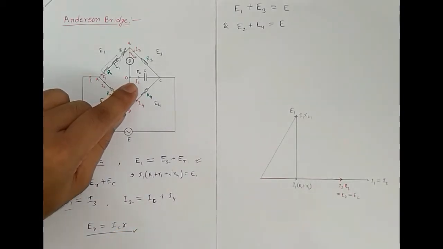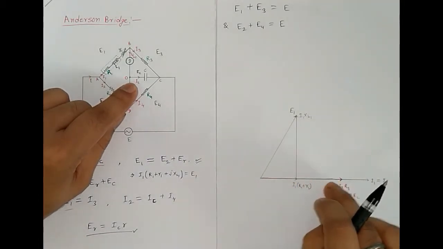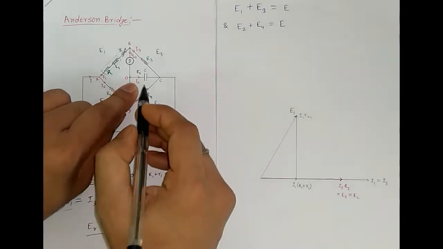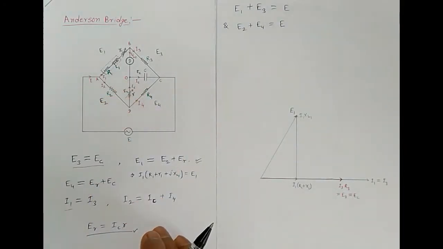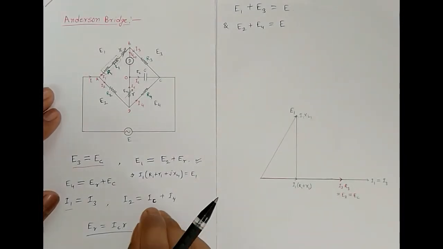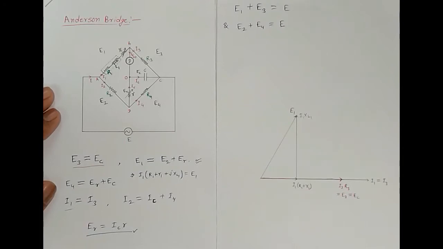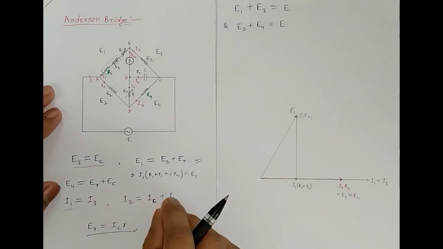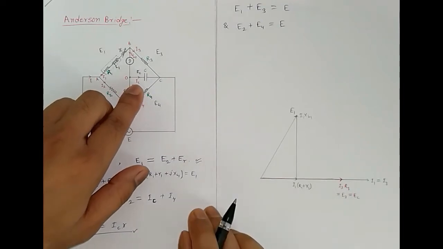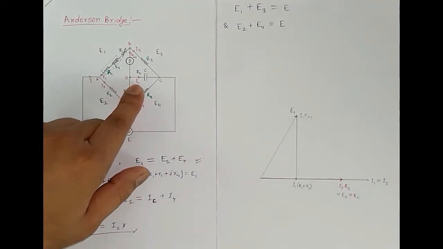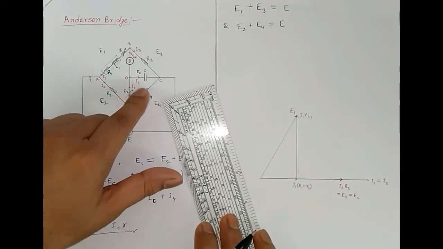So IC will be perpendicular to this direction. As we know, in the capacitive network, current leads or voltage lags. So the direction of IC will be on the positive y-axis.